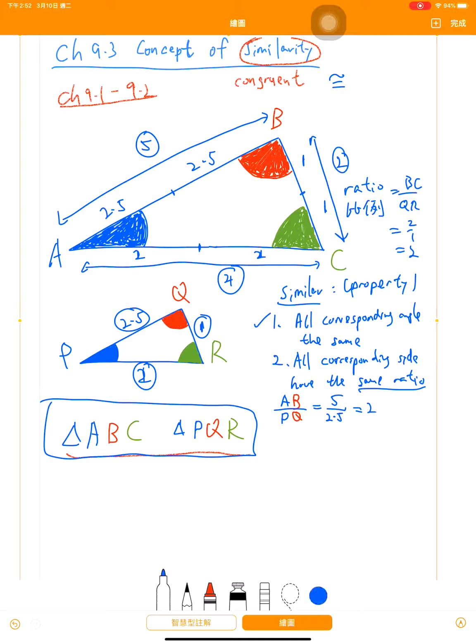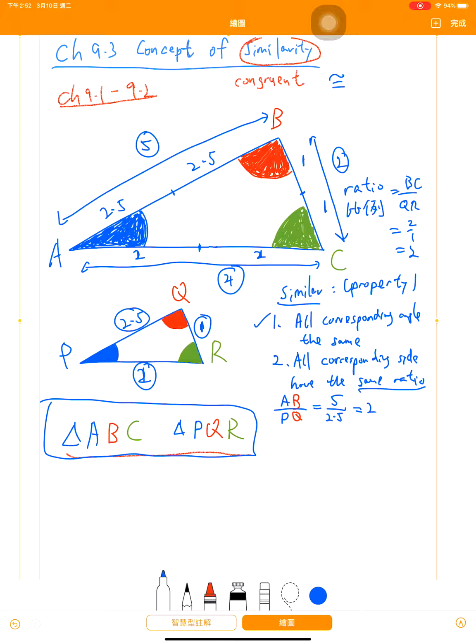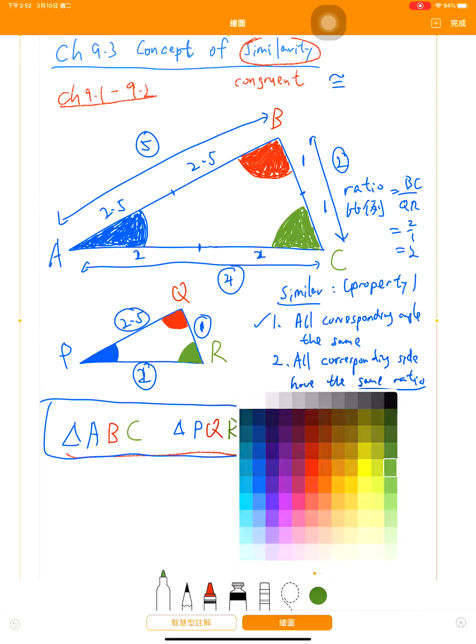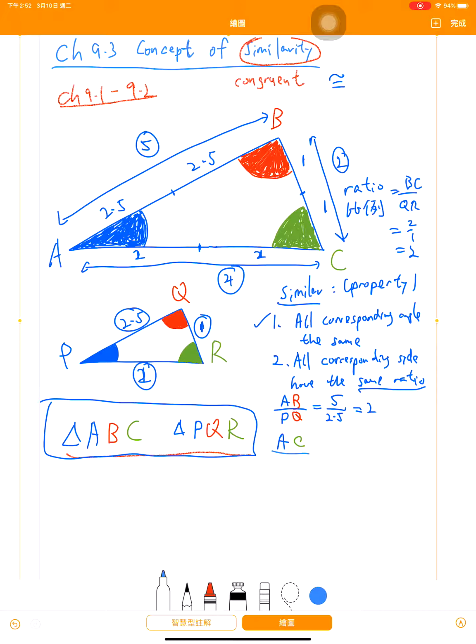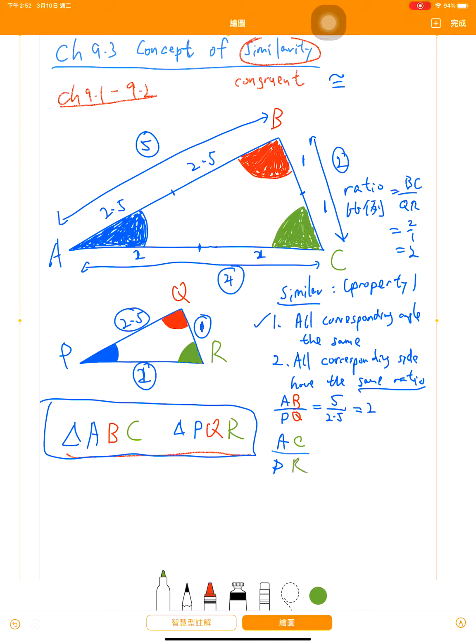And then for AC over PR will be equal to 4 to 2, which is also 2 times, right?